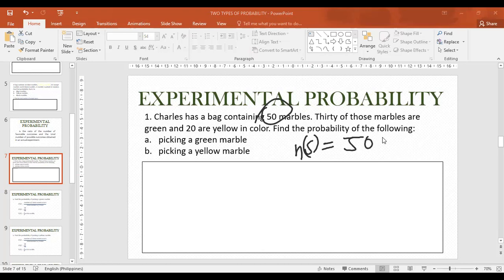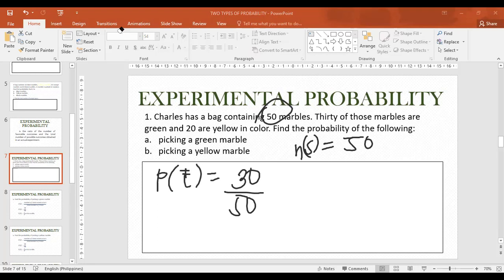Ayan, 50. So, let's get the probability of picking a green marble. So, ang ating green marble ay 30. Okay. So, 30 divided by 50. So, pwede pa siya ma-divide or ma-lowest term?